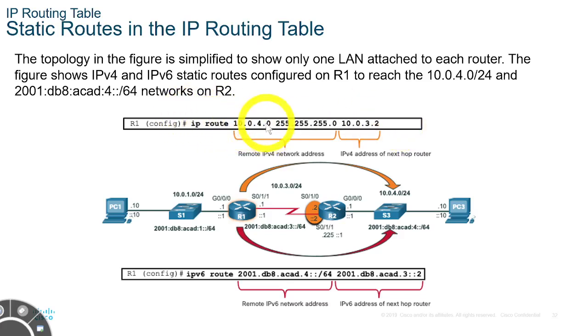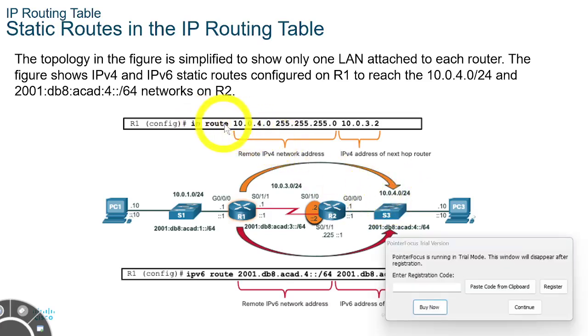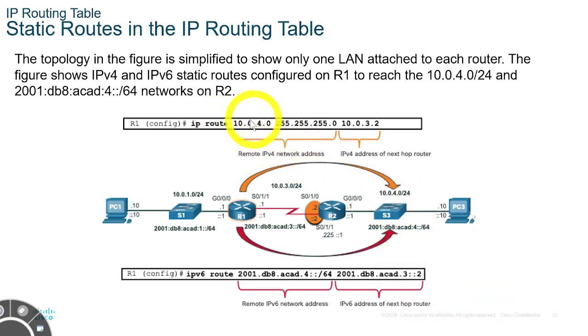Remember, we should define the destination network, which is this one. This is for ip route, where this is the destination, the subnet mask for this address, and the next hop. So this one has next hop R2, which has 10.0.3.2, right?